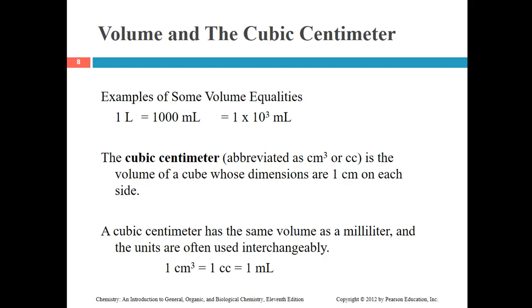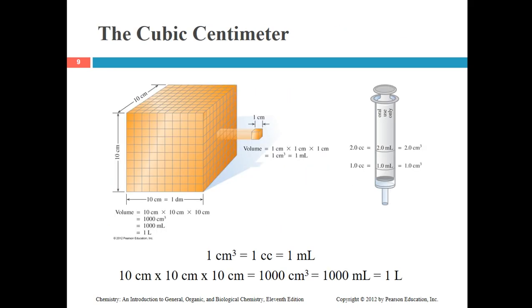You need to realize that that unit of size is the same amount, because 1 milliliter of a liquid would actually fit into a little tiny box the size of 1 centimeter by 1 centimeter by 1 centimeter. 1 milliliter of liquid would fit into a cubic centimeter. So make sure you circle that.